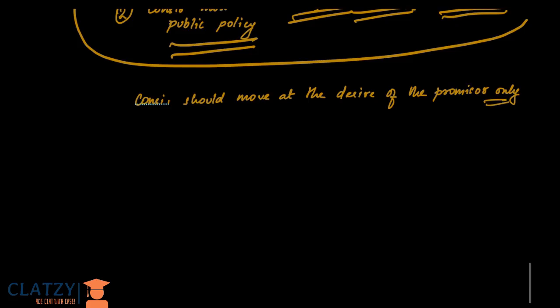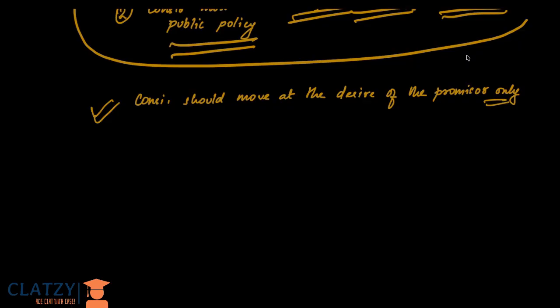It simply means that if A has a pen and B wants to buy that pen, let's say A does not make an offer to B, but B pays rupees 10 to A and now asks A to give the pen to B. Question is, has this consideration been paid by B at the desire of A? The answer is no. So we are going to look at this aspect in detail tomorrow, which says that consideration should flow only at the desire of the promisor or the offerer.